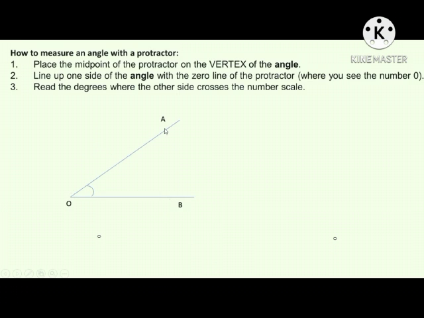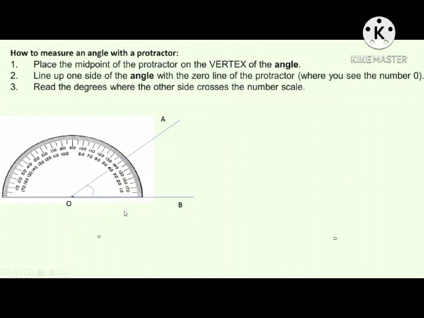Now, how to measure an angle with a protractor. Here you could see the angle AOB. We are going to measure the angle AOB. Place the protractor at the midpoint. O is the common point. There you place the protractor center point, and you can see the degree exactly.